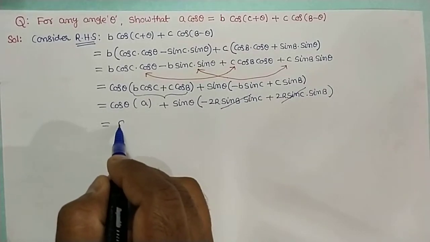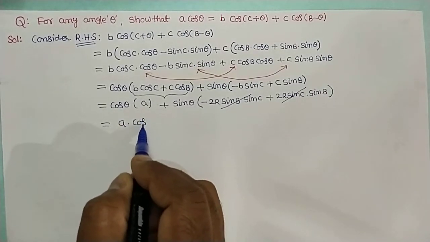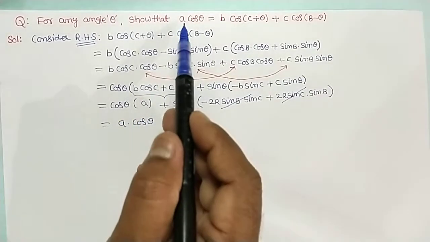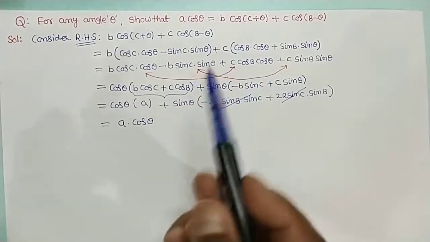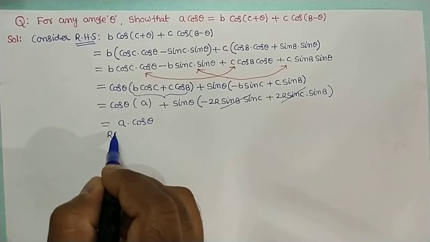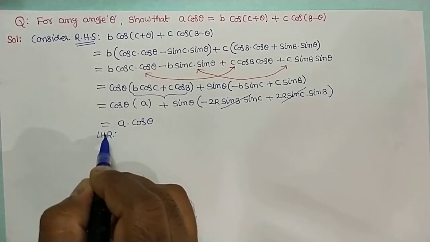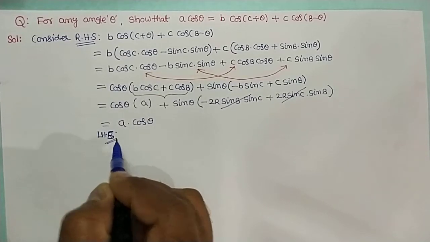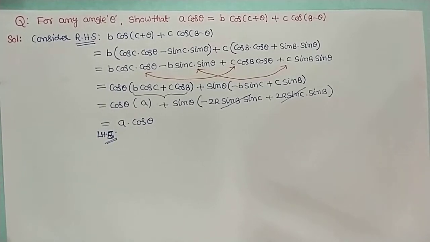So we will get a into cos theta, which is the required LHS only, no? So hence proved the LHS. This is the way we have to prove the answer.